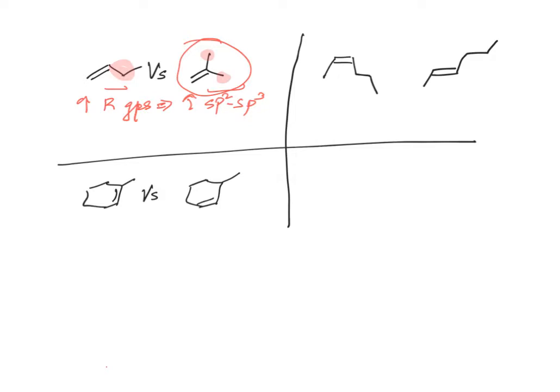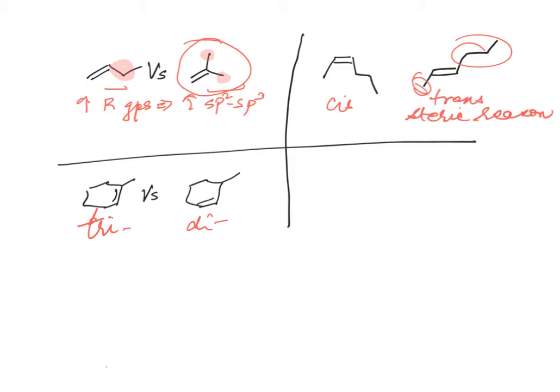In the second case, we have a cis versus a trans molecule. In case of trans, the big bulky groups are far apart from each other, which due to steric reasons, you would say that trans is more stable as compared to your cis molecule. The last one, again, you're looking at a tri-substituted alkene versus a di-substituted alkene.